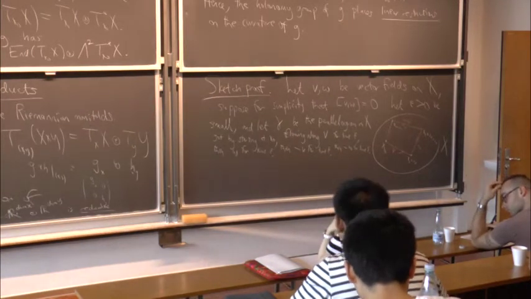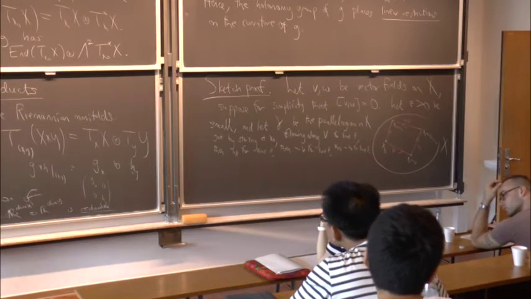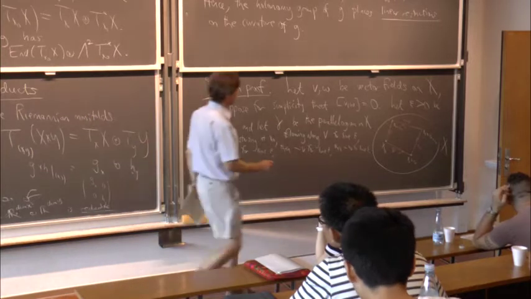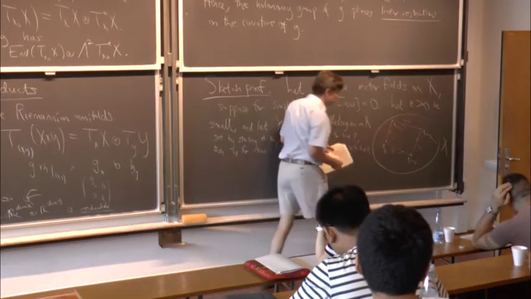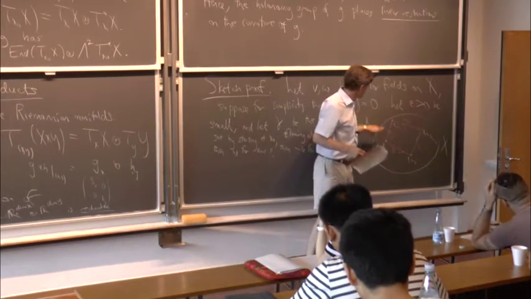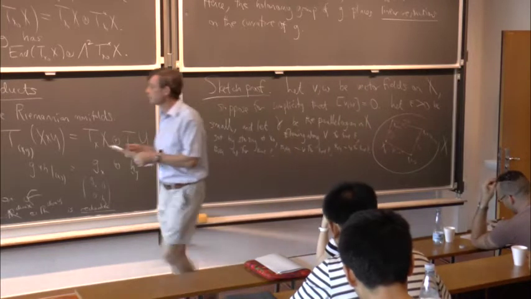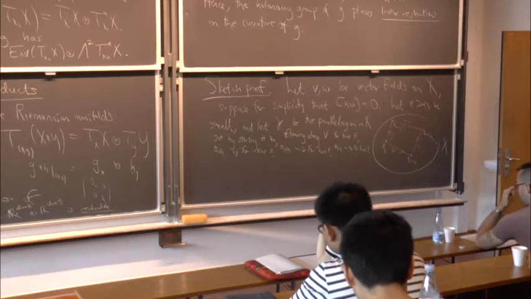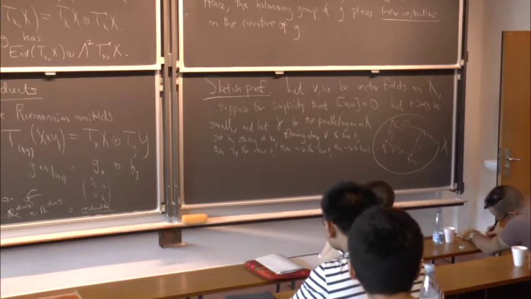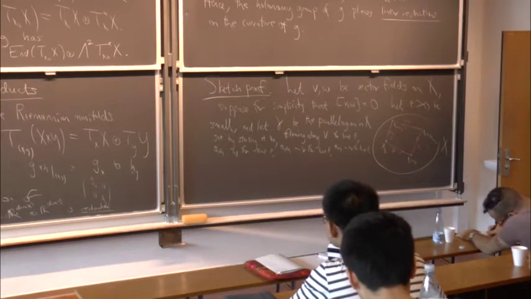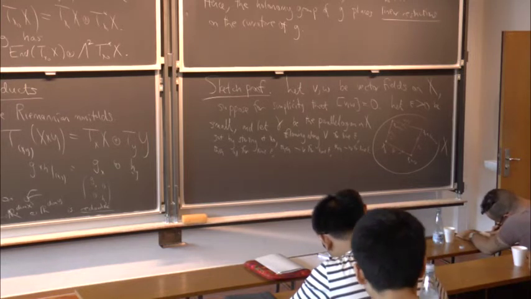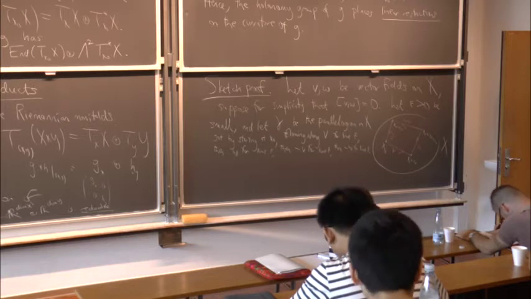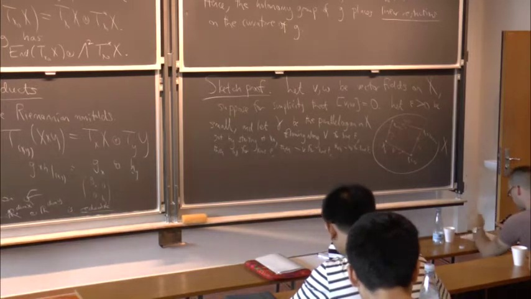So gamma is this piecewise smooth parallelogram. My question is, what is the parallel transport around gamma, for small epsilon? So what is P gamma for small epsilon? Well, you can do a kind of Stokes theorem, really.